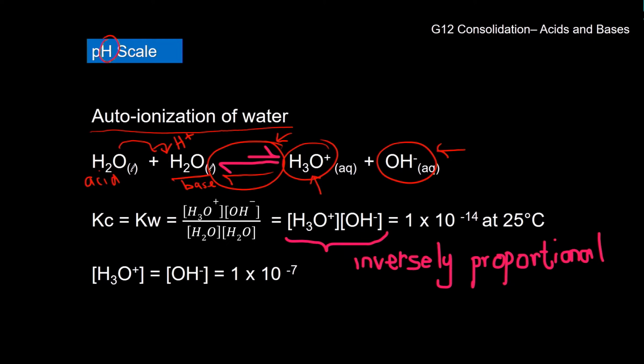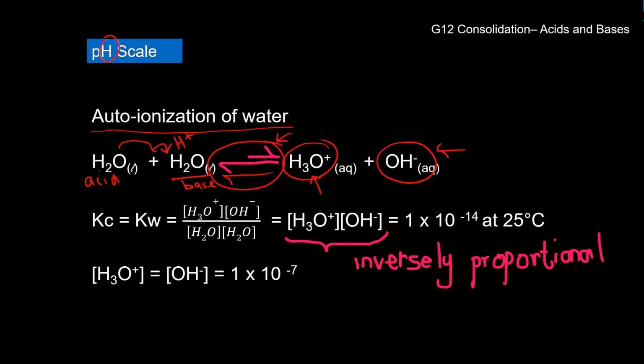But out of this, we can calculate the Kc. Now, you've heard about the Kc, the equilibrium constant, and I've written the formula here. It is the concentration of the product ions, so the hydronium ion and the hydroxide ion, the concentration of those two times together divided by the concentration of the water molecules.